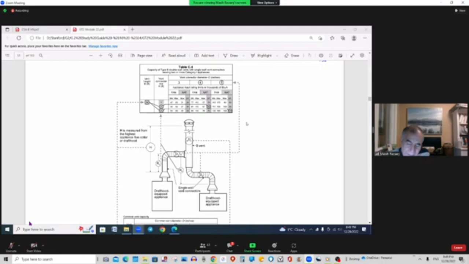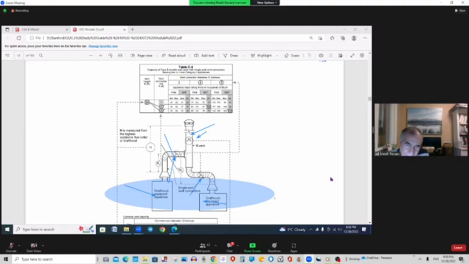Table C4: if you have 2 or more appliances, and if you have B vent and single wall connector, you got it?